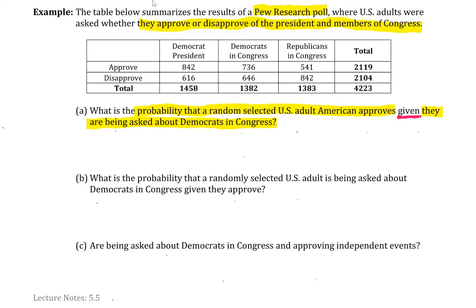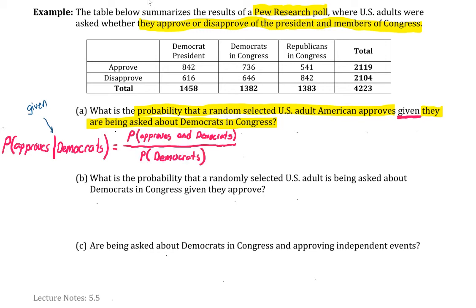Notice the word given that indicates we're looking at a conditional probability. Now, this question can be phrased as the probability that they approve given they're being asked about Democrats. Using the right side of our definition, this can be calculated as the probability that they approve and are being asked about Democrats divided by the probability that they're being asked about Democrats.